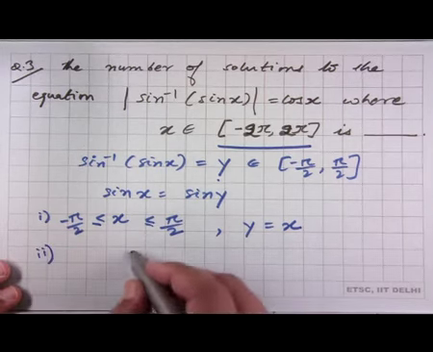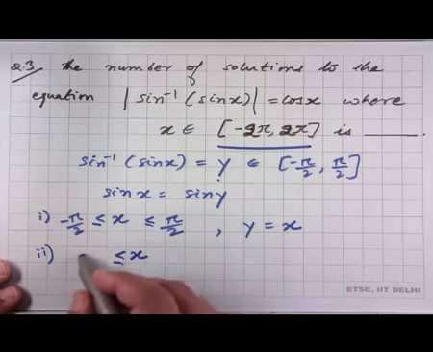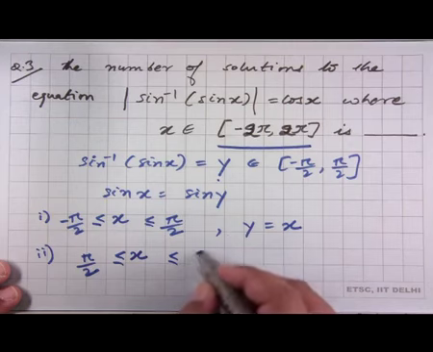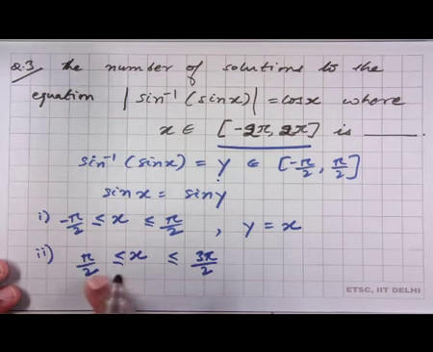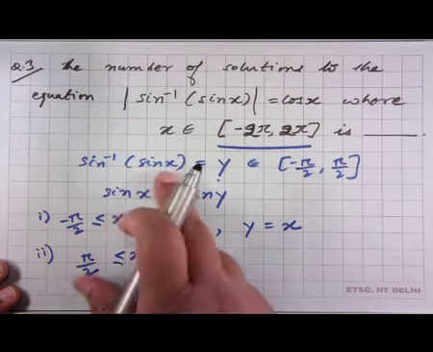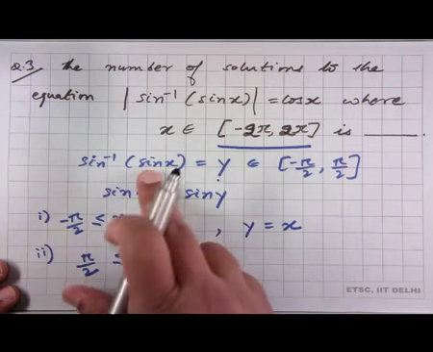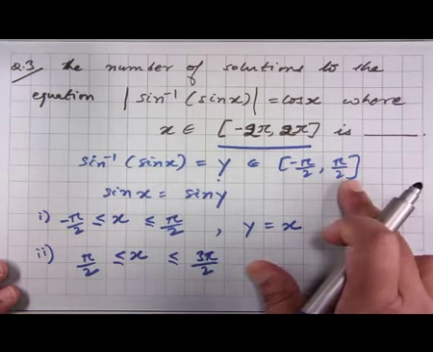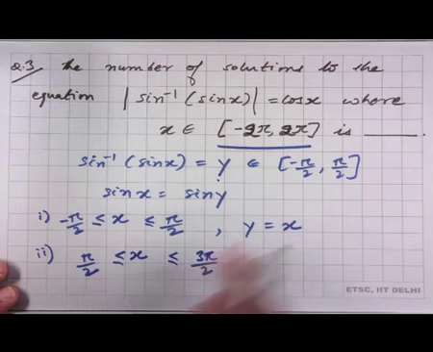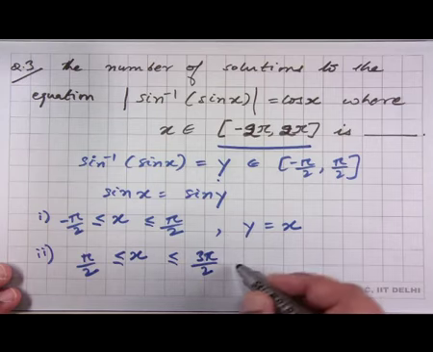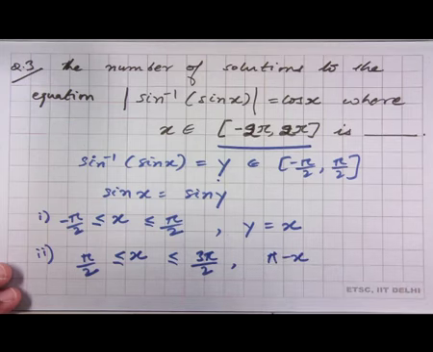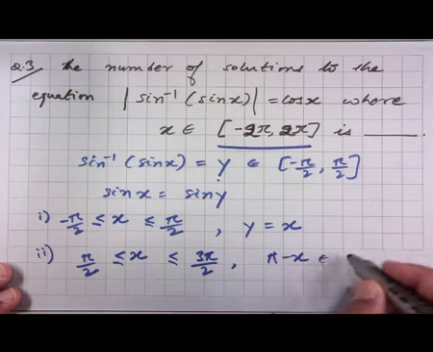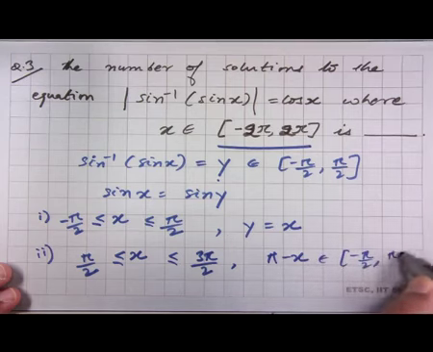The next interval is x greater than or equal to pi by 2 and less than or equal to 3 pi over 2. Obviously, when x is in this interval, sine inverse of sine x cannot be equal to x, because sine inverse of sine x has to belong to this interval, whereas x does not belong to that interval. But for this interval what we see is that if x belongs to this interval, then pi minus x is going to belong to the range set of sine inverse, which is this set.